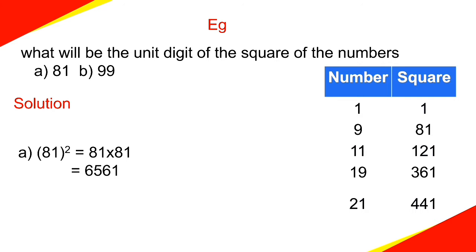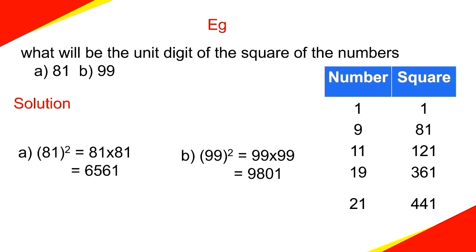Now you can see the option B. Option B is 99 whole square is equals to 99 into 99. What we can get? That's good. 9801. He asked you to find the unit digit value, right?